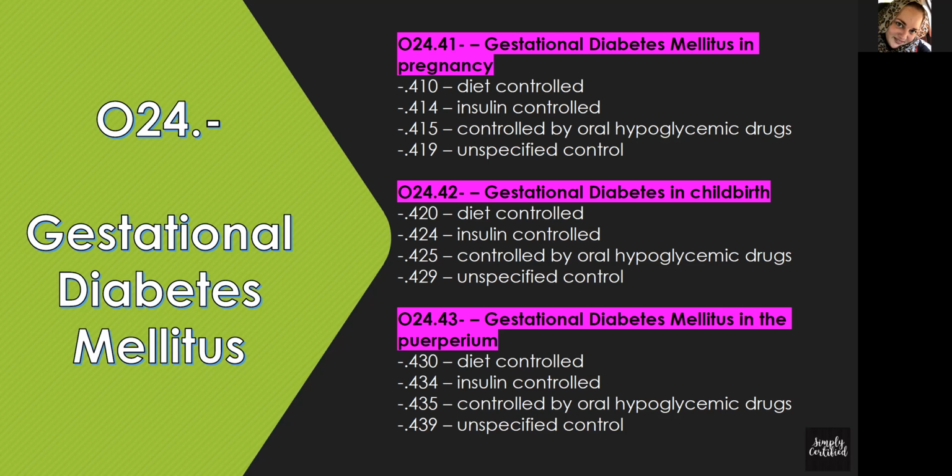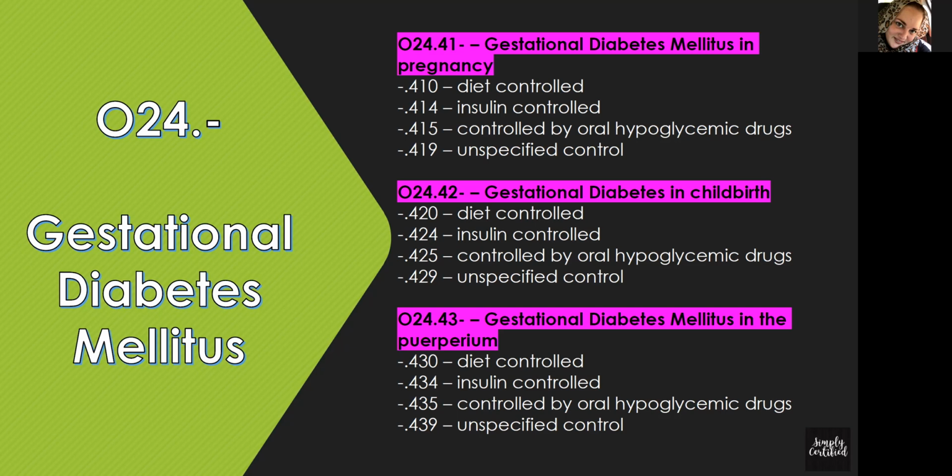This category is separated by when the diabetes is occurring and how it is controlled. So if you notice O24.41, at the end there, it says in pregnancy. O24.42, if you notice at the end of the description, it says in childbirth. O24.43, if you look at the end there, it says puerperium.